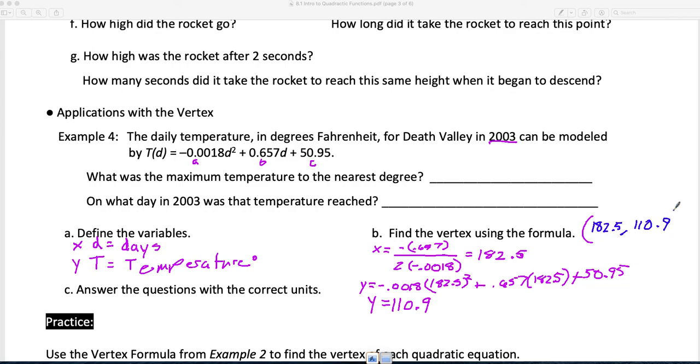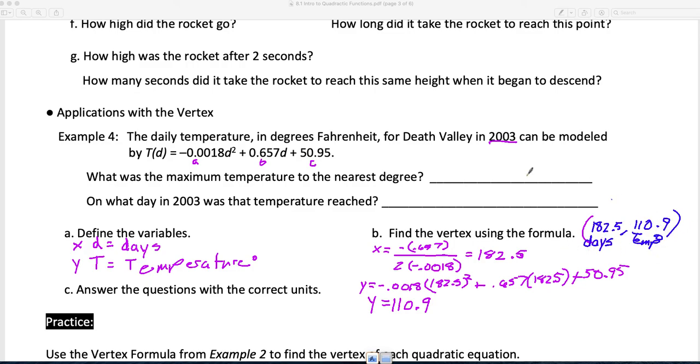Now I'm going to go look at my variables. X was days. And y was temperature in degrees. So now I understand what I have.